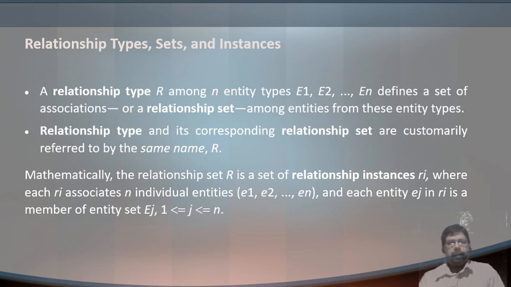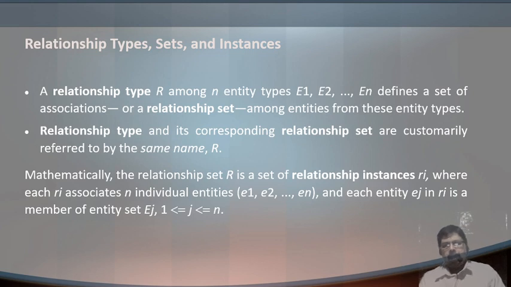This way you can define the relationship types, and this relationship is among entities of different entity types, correct? Now the relationship type and its corresponding relationship set are customarily referred to by the same name, that is R only.